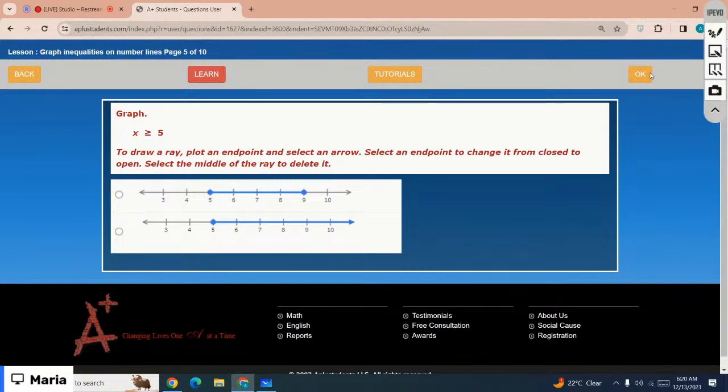Okay, graph x is greater than or equal to 5. So which is the correct option? Option 1 or option 2?